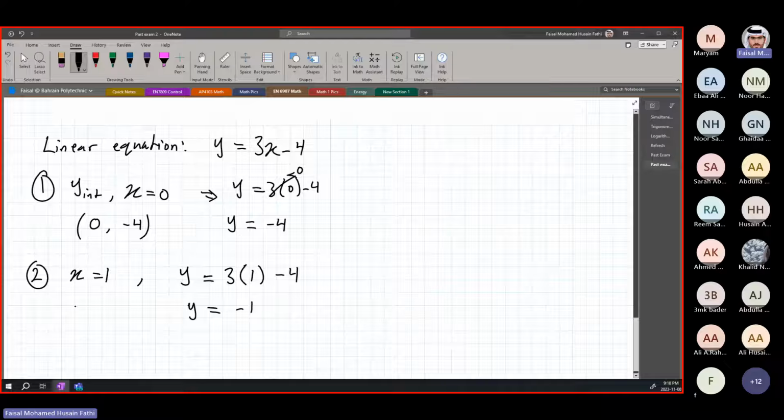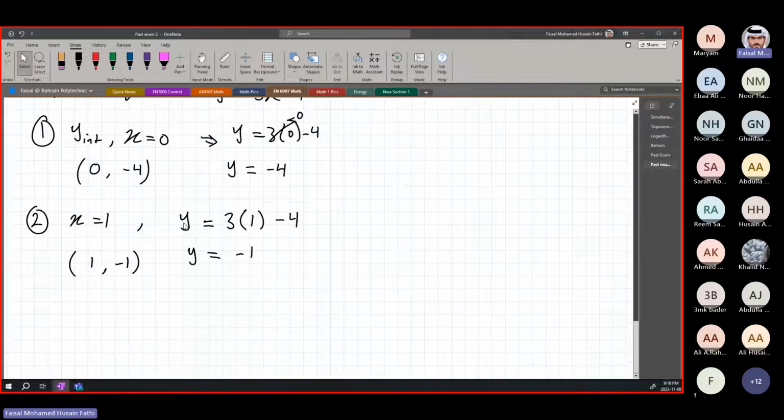So our second point is 1, minus 1. X is 1 and y is minus 1. To plot a linear equation, you only need 2 points, so we can start the plotting. But I'll leave the plotting to the end. We have our 2 points and then we will plot.